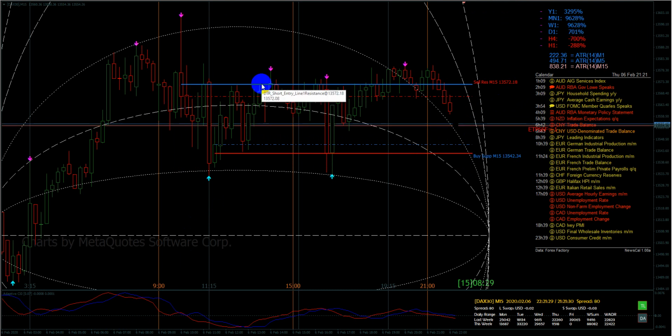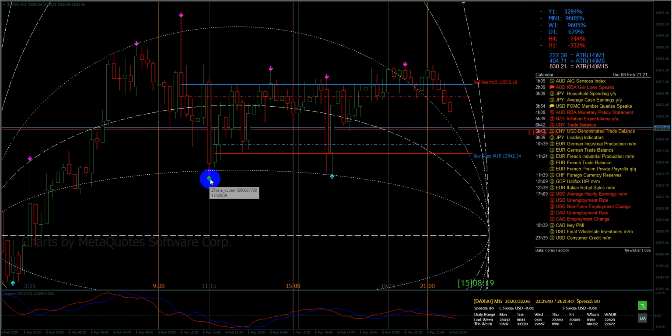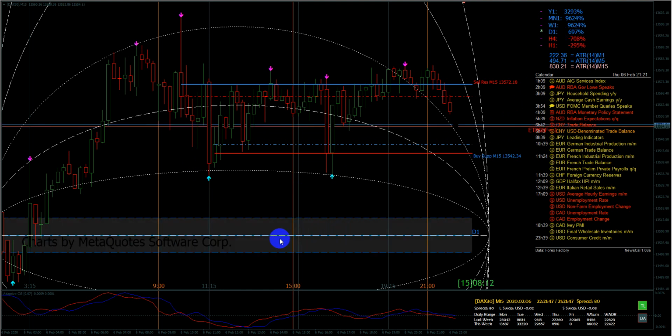I looked for a little while at this situation, and I thought, what would be the most likely to happen right now? Well, the whole day was very bullish, so I figured this could be a good level of support.